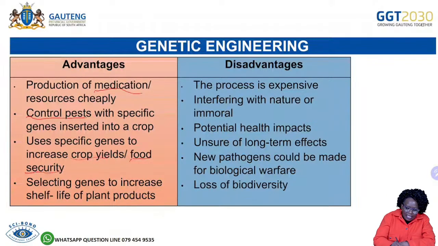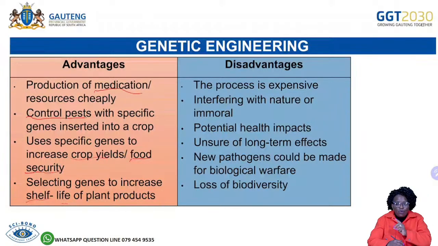Selecting genes to increase shelf life of plant products. If we speak about shelf life, I want you to remember the following, a very simplified example. Under normal circumstances, if you plant tomatoes and they are organic, and you take them and put them somewhere in your vegetable rack, they can maybe last for a week or two, they become overripe and they get spoiled.